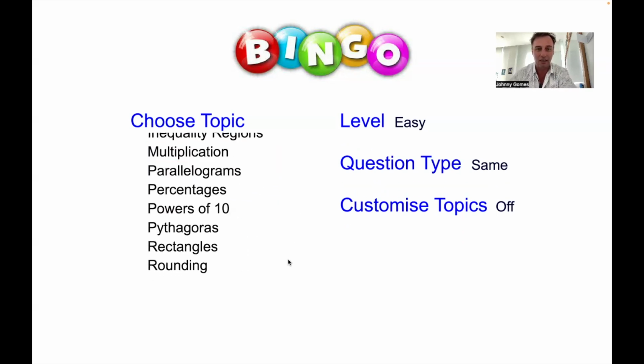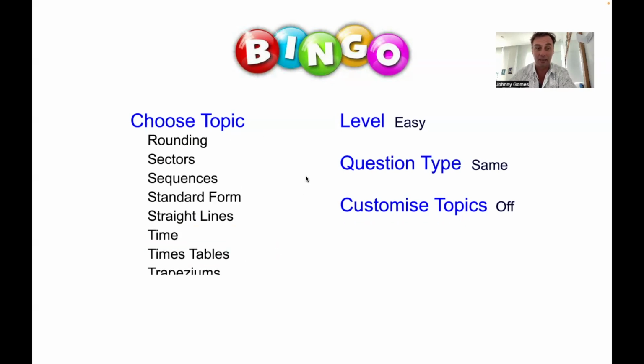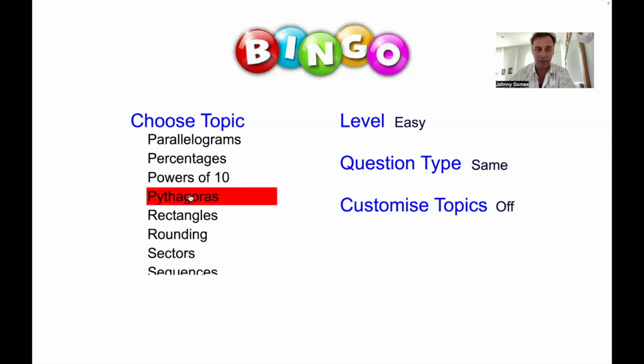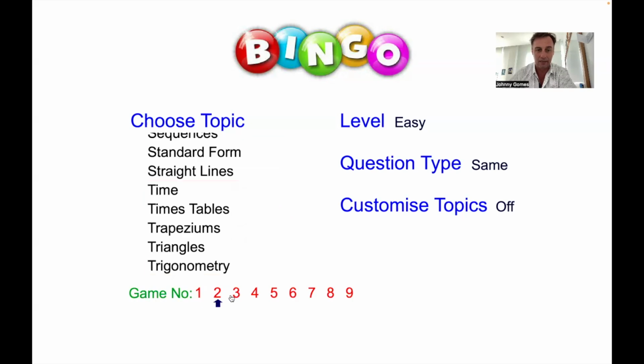Let's say I wanted to do a lesson on Pythagoras. So I can select Pythagoras here, and it's going to say there are 9 types of games. I'm going to select the level. Let me put it on hard.